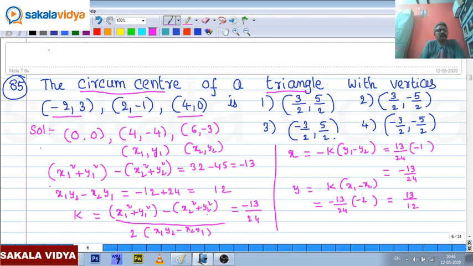So now, for example, circumcenter. We need to add this one. Minus 13 by 24 plus, that means minus 2 you will be getting, comma, minus 13 by 12 plus 3. This equals to minus 13 plus minus 48 by 24.